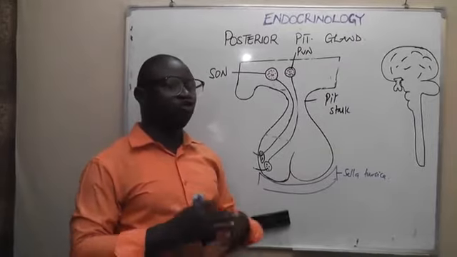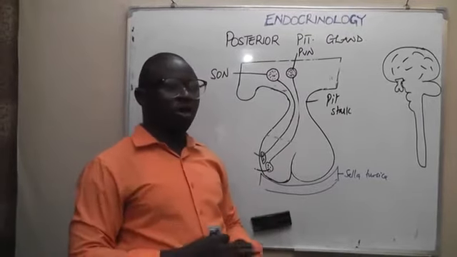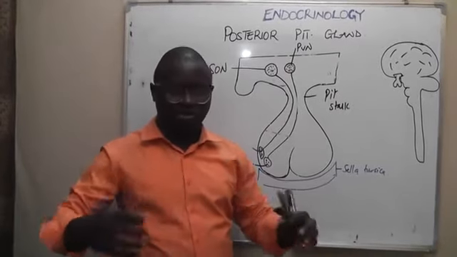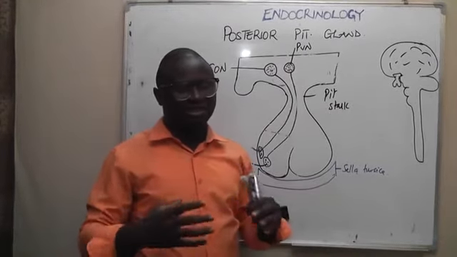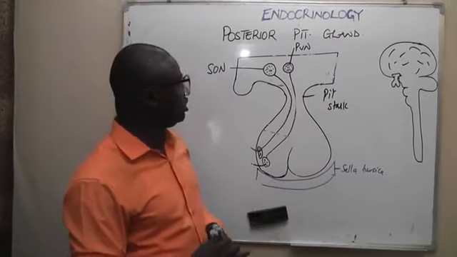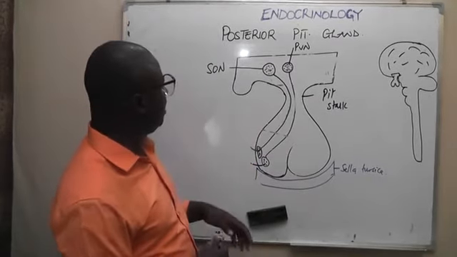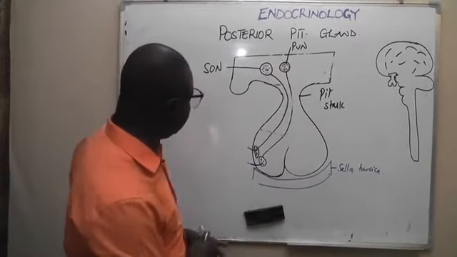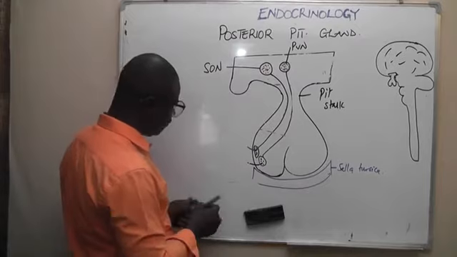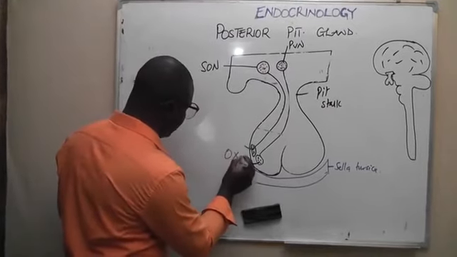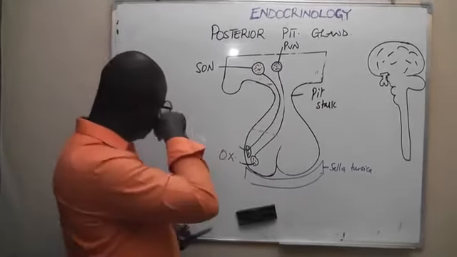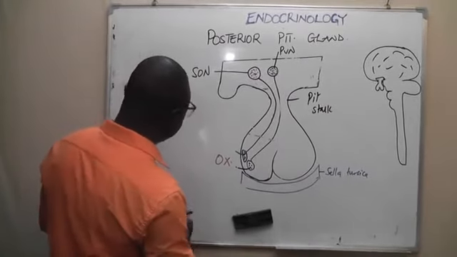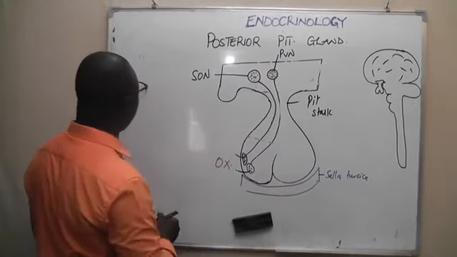So what's happening is that during pregnancy or during labor, the baby's head begins to stretch the cervix. And then this stretching begins to send impulses via some neuronal pathway to the hypothalamus, and this causes the release of what? The release of oxytocin. Let me just use OX to represent oxytocin. Now, when oxytocin is released from the posterior lobe, what happens?